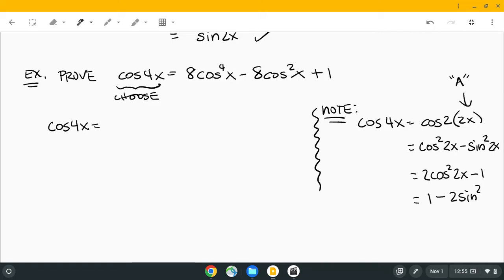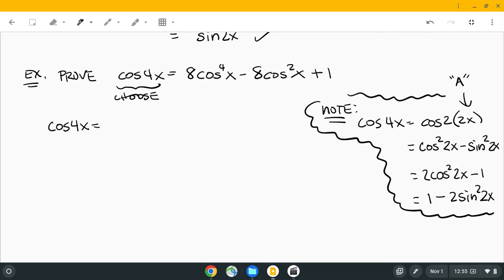Again, usually a, but a is 2x in this case. This is just a little side note, so that when we use the double angle formula on cosine 4x, we'll be using one of these.